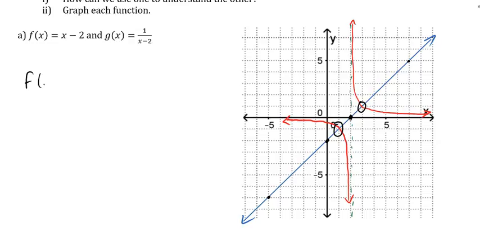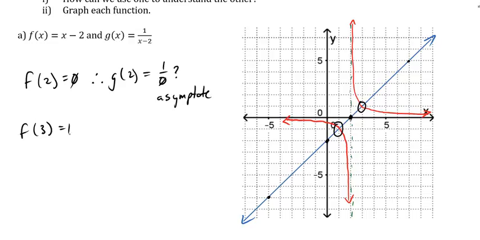F at 2 equals 0. Therefore, g at 2 equals 1 over 0. Well, no, but asymptote, right? F at 3 equals 1.